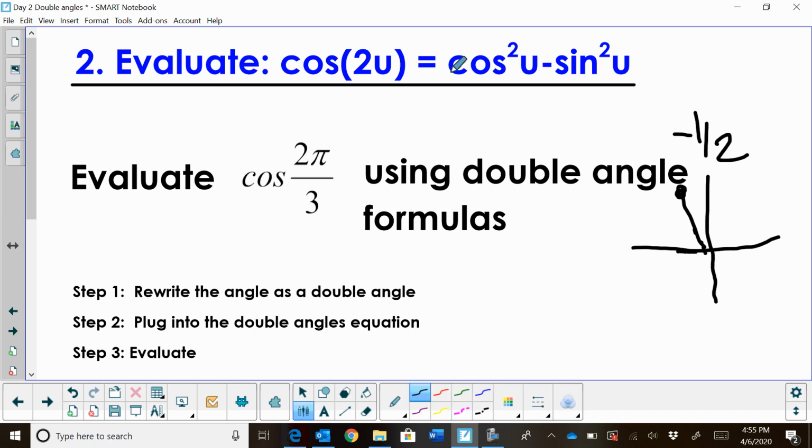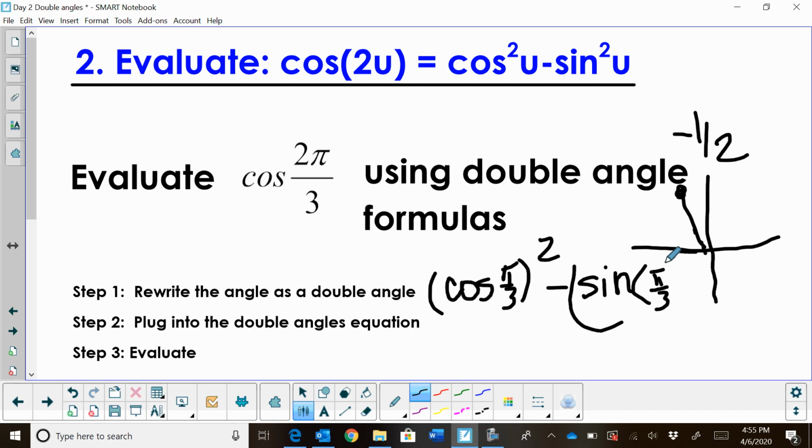So what are we doing? We're going to take cosine of just pi thirds, which is half of the angle, and we're going to square that quantity. And we're going to subtract from it the sine of pi thirds, which is half of the double angle, and we're going to square that, and then we're going to subtract them. So there we go.